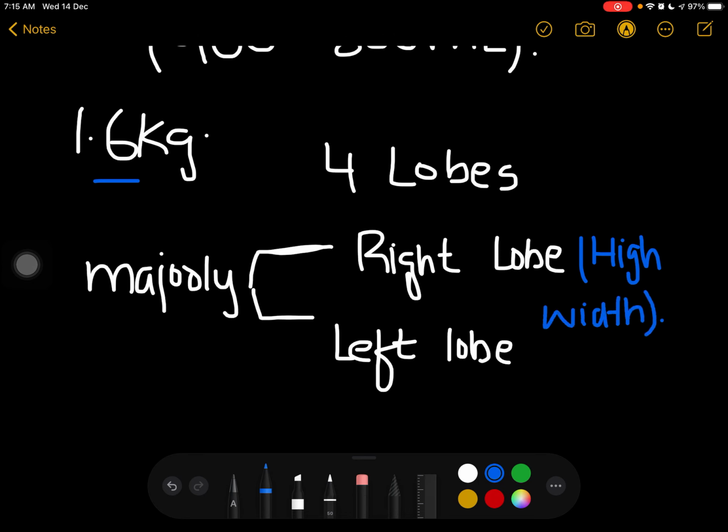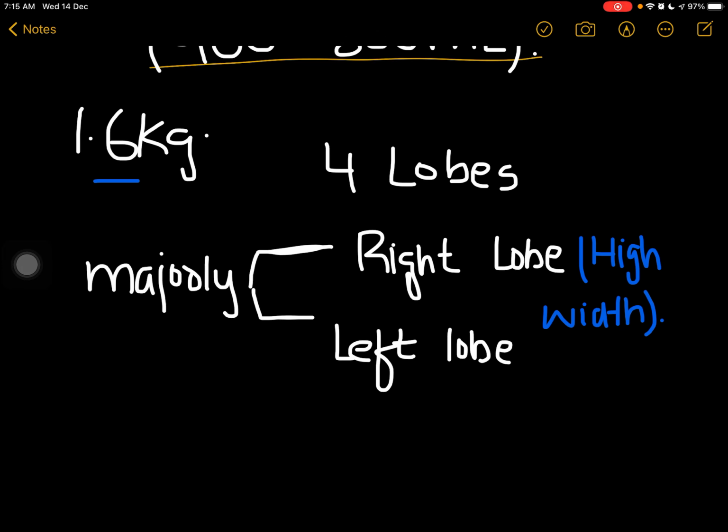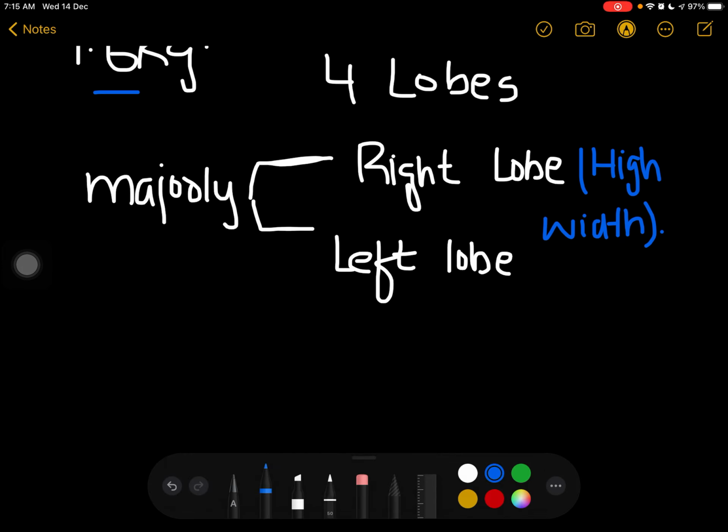So you can say that the right lobe is quite big than the left lobe. Basically there are four lobes, but majorly there are two, and they are both located anteriorly, right?